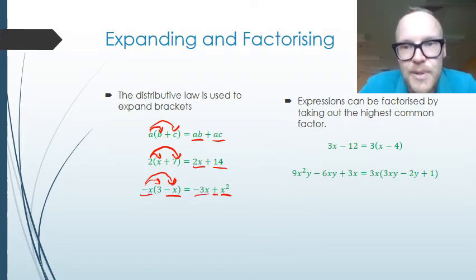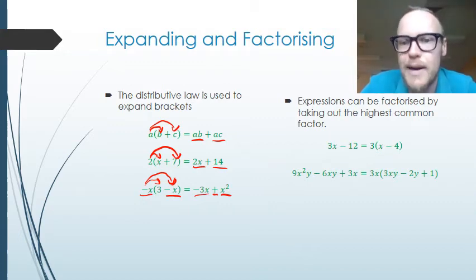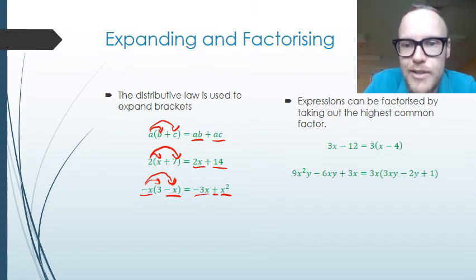Expressions can be factorised by taking out the common factor. So once again, we've got the opposite to expanding the brackets. What we're looking at doing this time is placing those brackets back in. So for our first example here, looking for the highest common factor, the highest common factor of 3x and 12 is going to be 3. So we divide the 3x by the 3, the highest common factor, to get what's going to go inside the brackets.